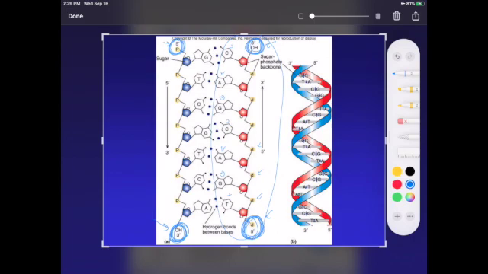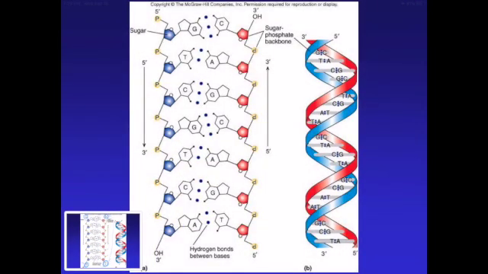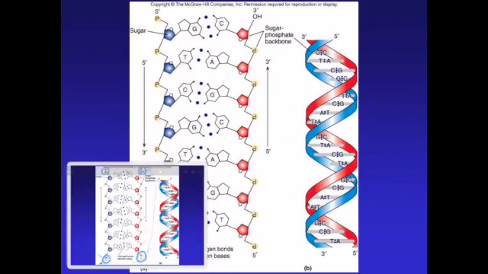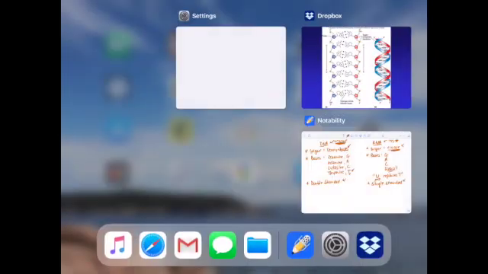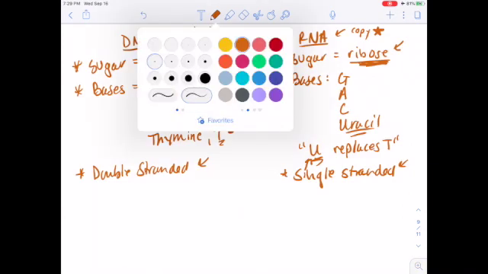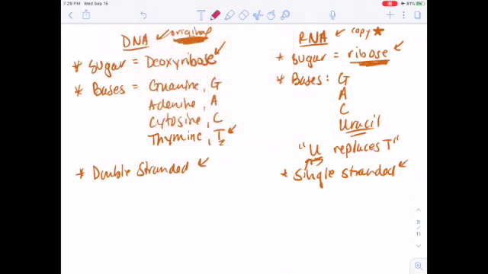So we have a word for this where one strand looks upside down compared to another. That word is anti-parallel. We need a different color. All right, so DNA. The sugar is deoxyribose. The bases are G's, A's, T's, and C's.